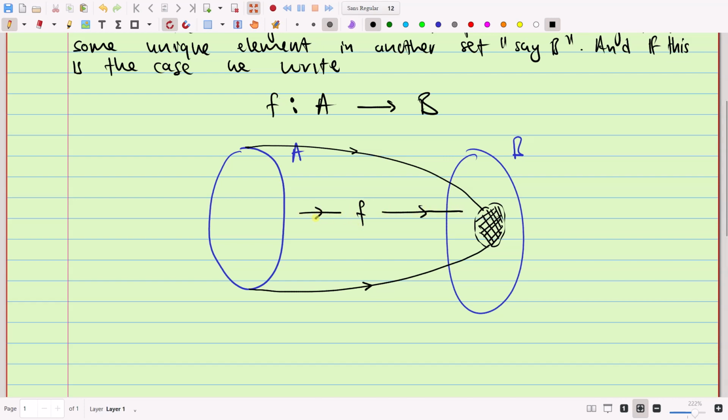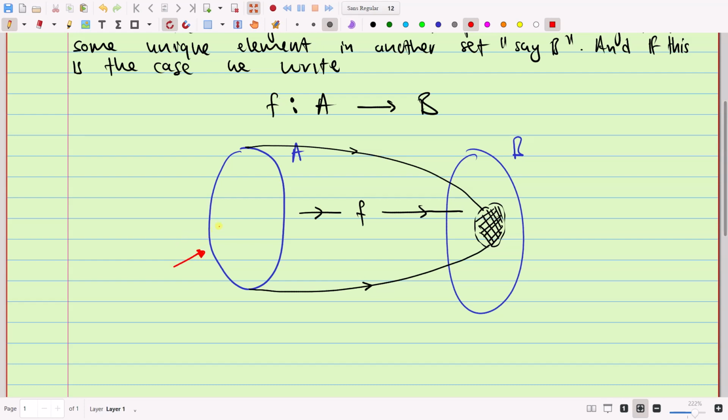So f simply takes things that are in one set and maps them to a subset of some set B.